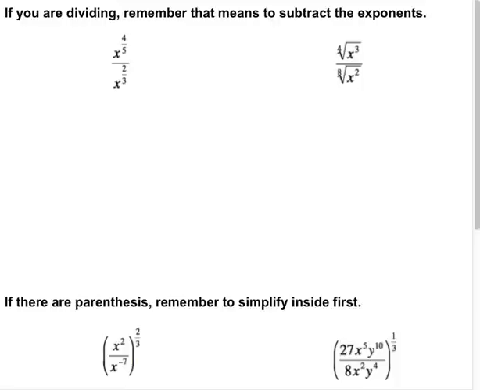So what does that mean for division? For division, now I can subtract my exponents. Let's take a look at this one: x to the 4/5 divided by x to the 2/3. Since I'm dividing, I can subtract those exponents.